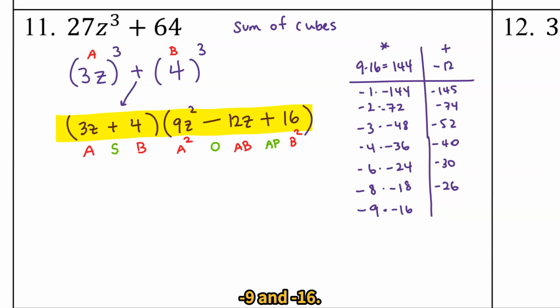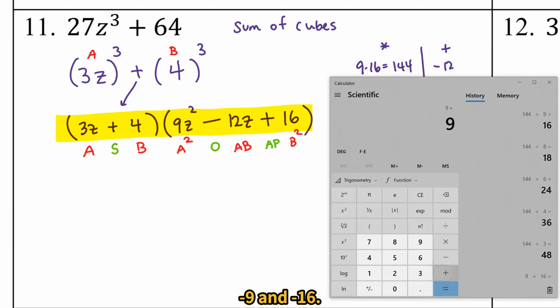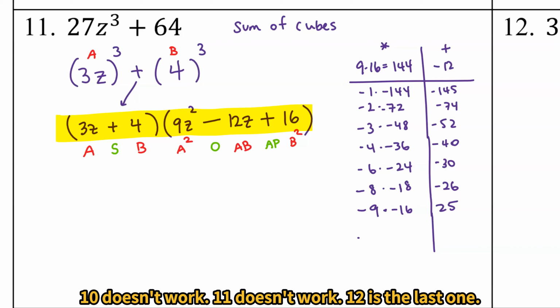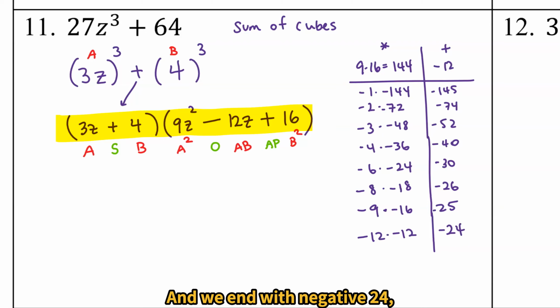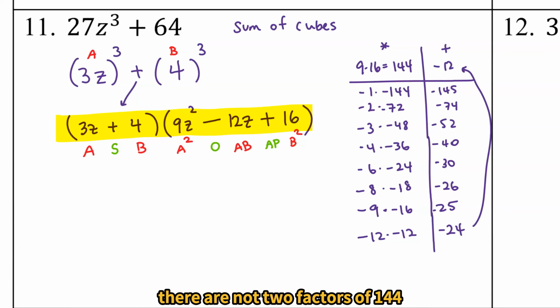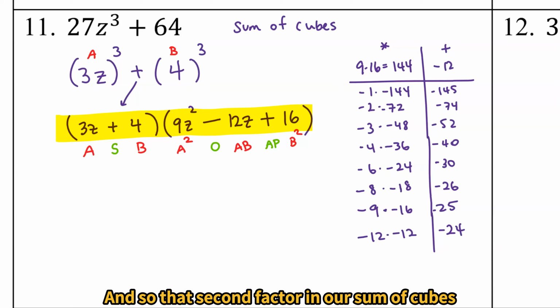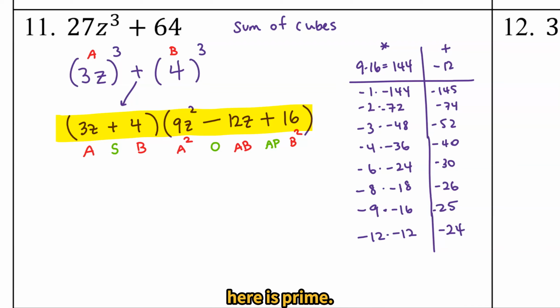Negative 9 and negative 16. 10 doesn't work, 11 doesn't work, 12 is the last one. And we end with negative 24, but notice we need negative 12. There are not two factors of 144 that will add to give us negative 12. And so that second factor in our sum of cubes here is prime. So we cannot factor it further.